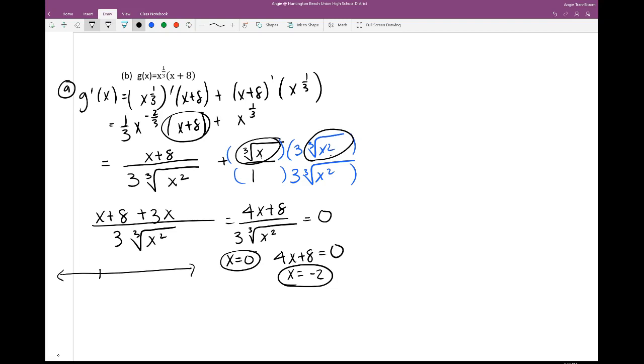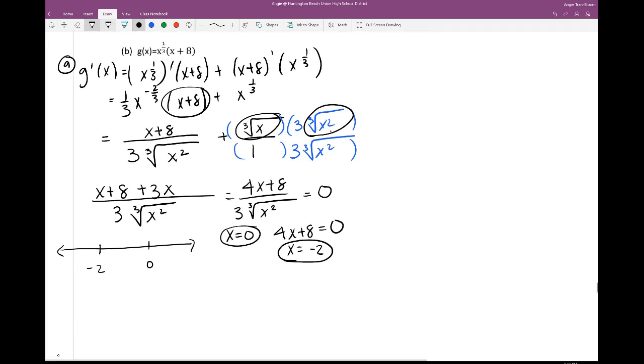So put -2 on here, put 0 on here. Okay, then from here, I need to find minimum or maximum. So can we check? f of -2 is, we need to plug in -2 to the 1/3, times -2 plus 8.